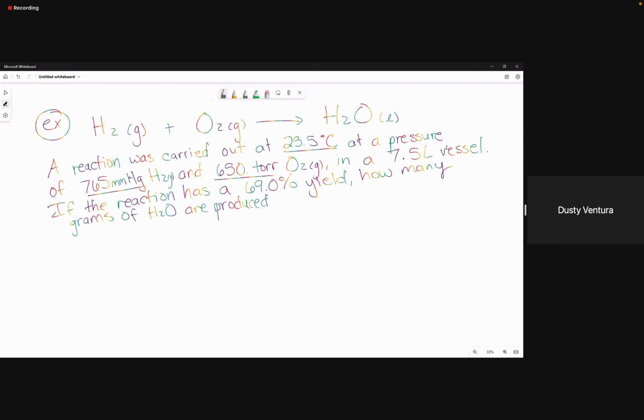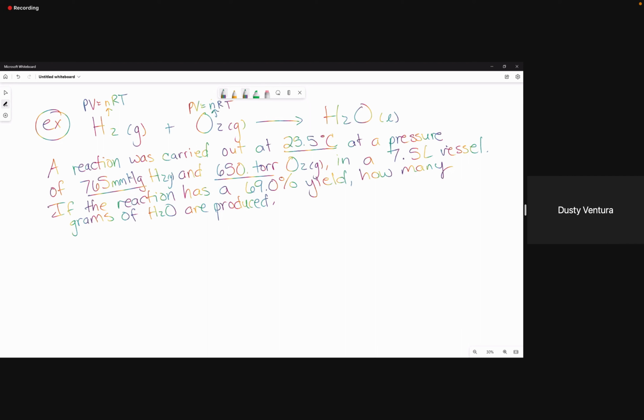Okay, so this is a theoretical yield problem. You have to use PV equals nRT to find moles of gas.